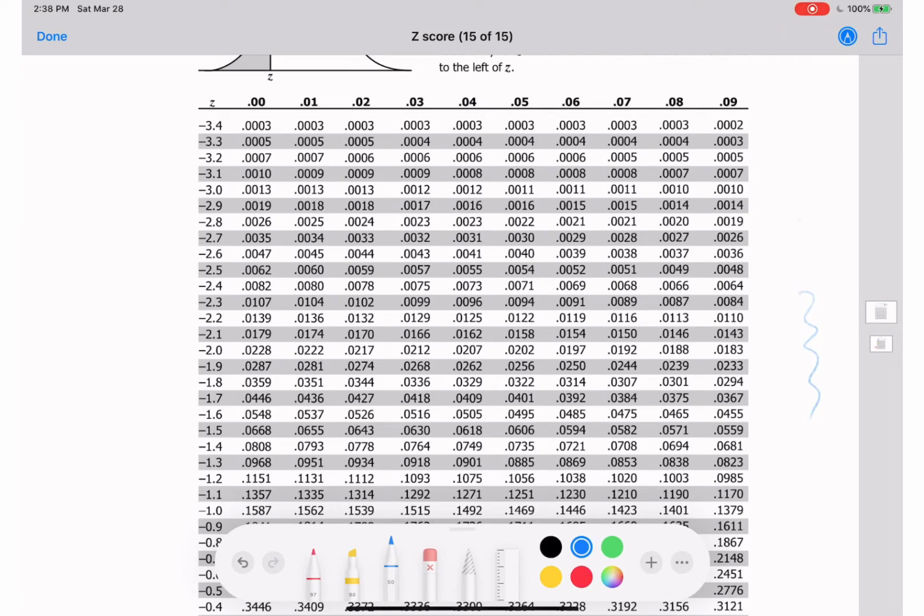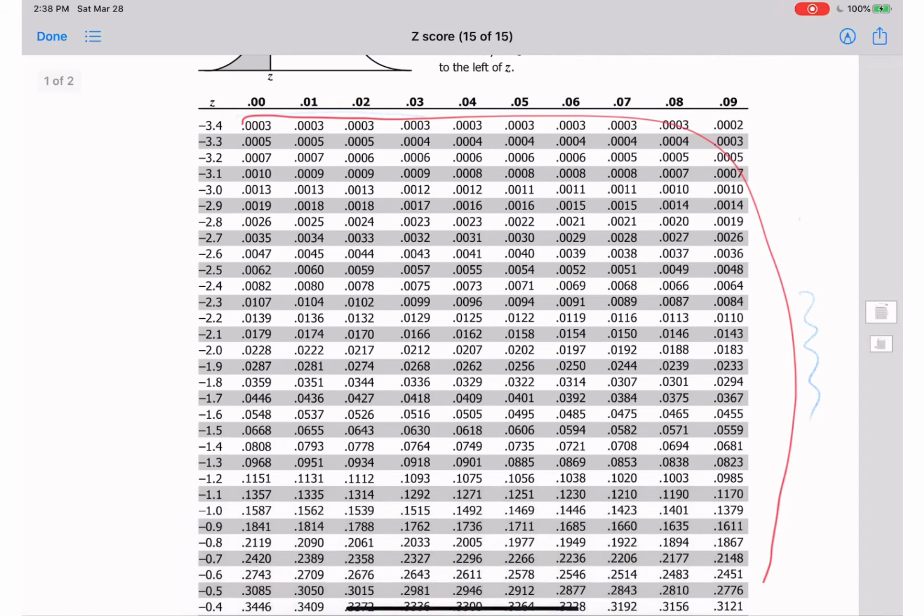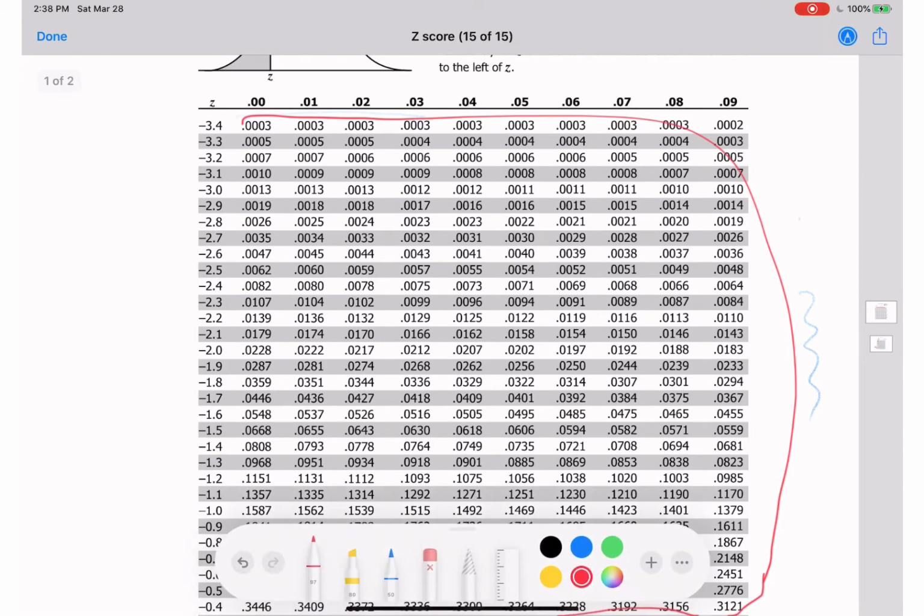Today we are going to learn how to go from a given probability, because all these numbers in the body of the table are probabilities, a percentage, not the z-score. The z-score gives us the probability, the percentage that can happen. So let's now learn backwards.